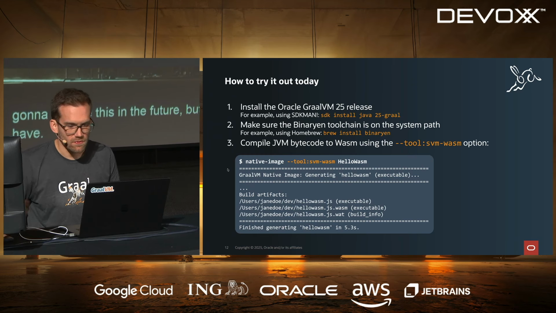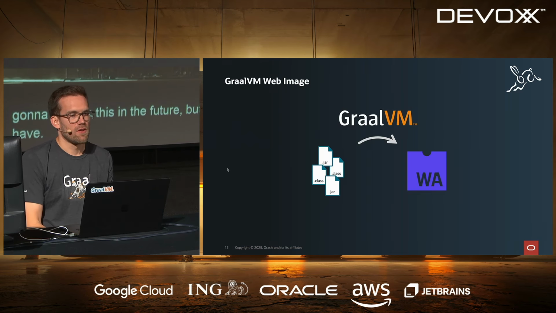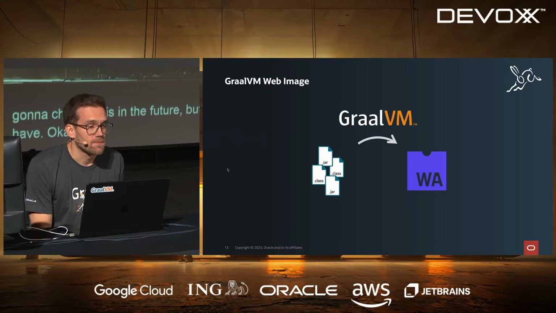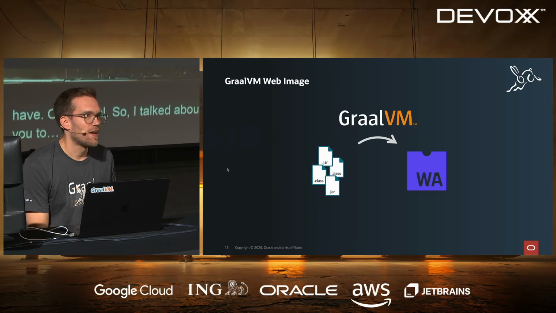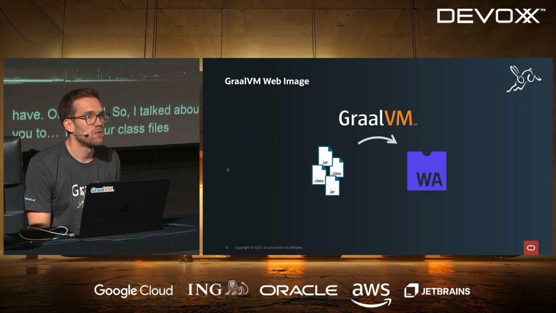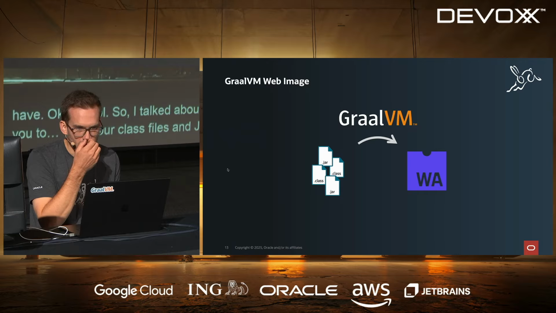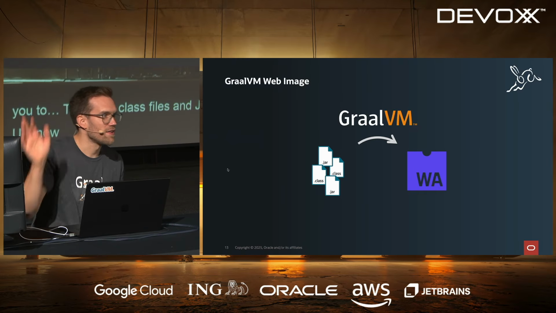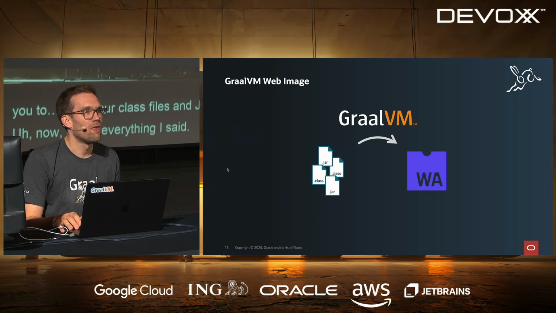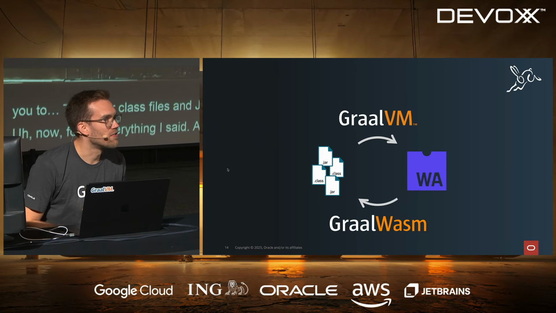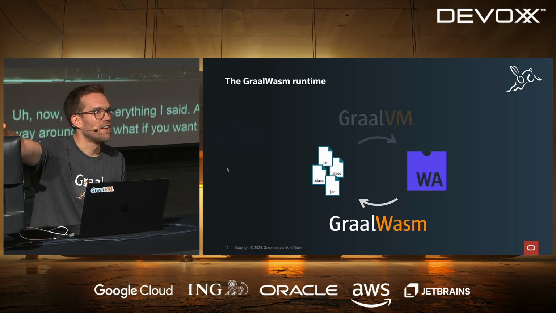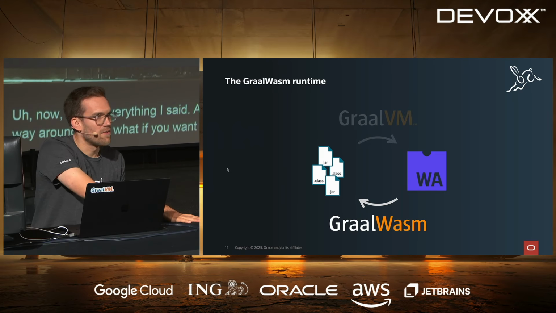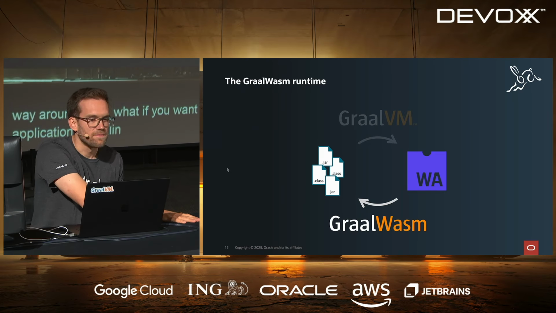Okay, cool. So I talked about GraalVM Web Image, which allows you to turn your class files and jar files into WebAssembly. Now, forget everything I said, and now we are focusing on the other way around. What if you want to use WebAssembly in your Java application or Kotlin application, right?